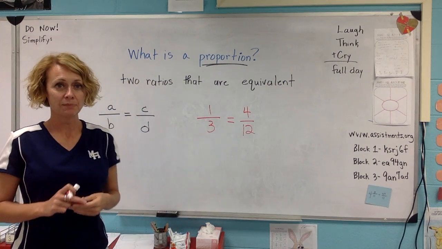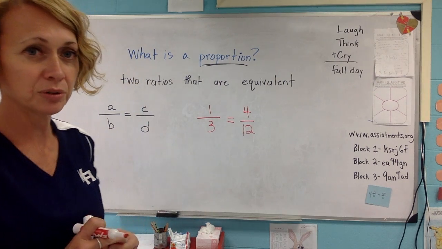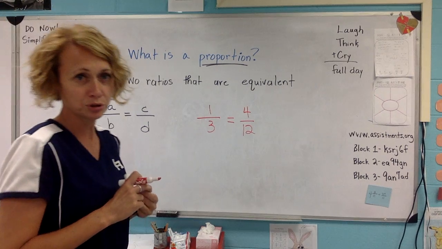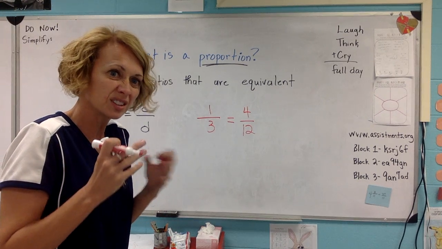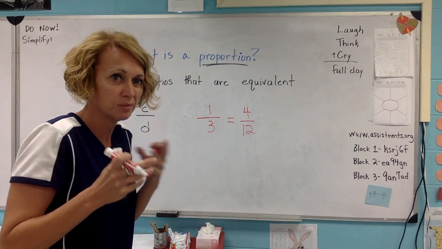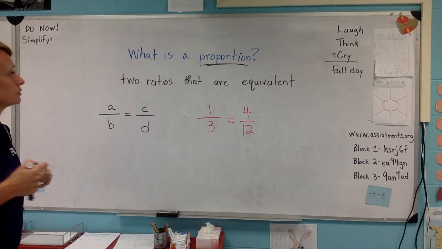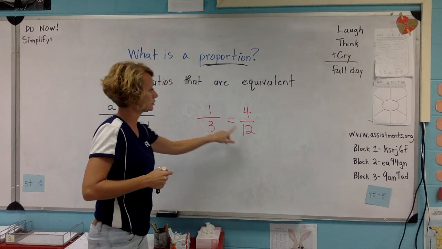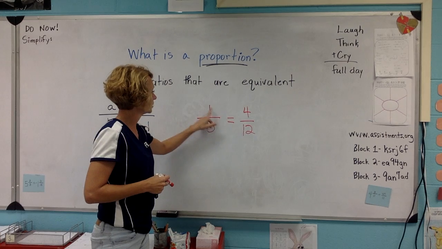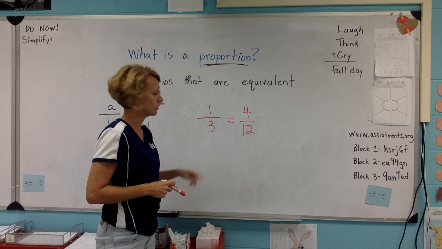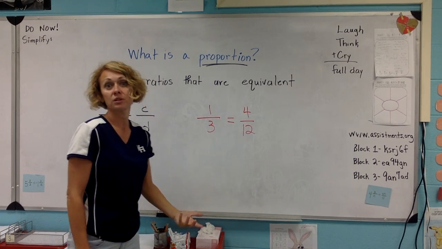Some things that happen in the proportion that allow us to use it in algebra is that there's some special types of statements that can work. Notice that when you've got equivalent fractions, your cross products are equal. 1 times 12, well, that's 12. And 3 times 4, that's 12.